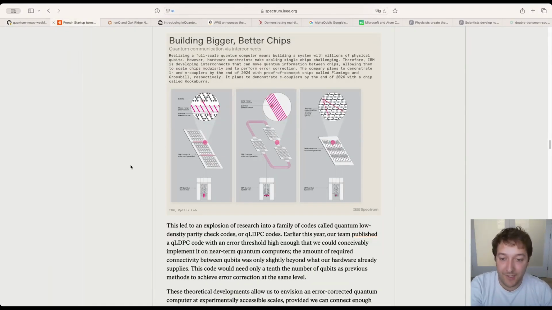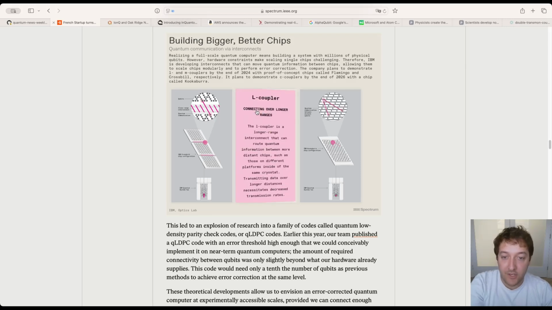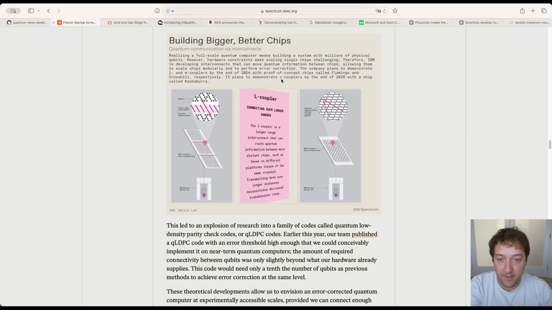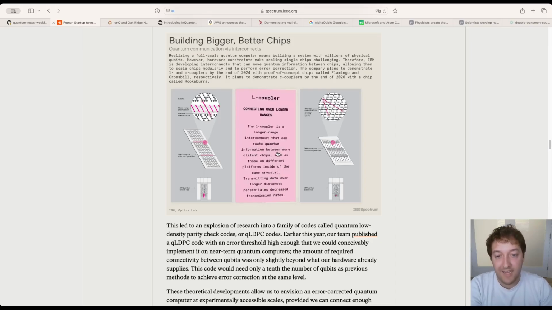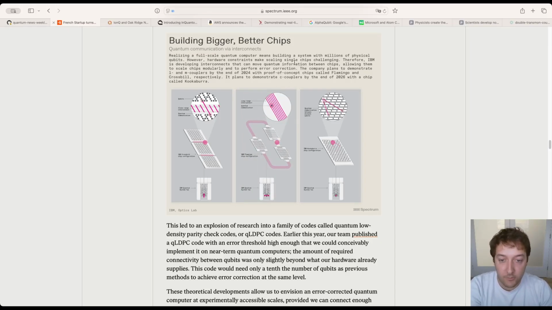The first thing I want to talk about is a long-range coupler that IBM announced recently. It is a microwave photon coupler that goes about 1 meter, and it allows IBM to now entangle across their QPUs. One of the big issues with superconducting qubits was how do you scale them?